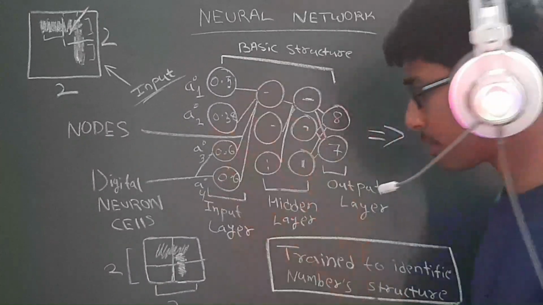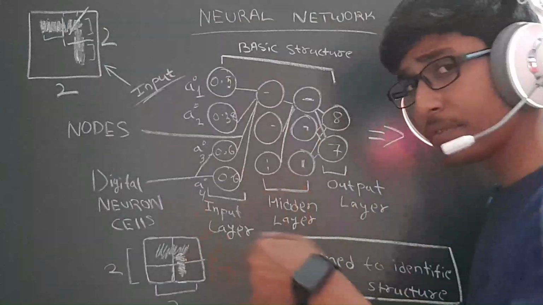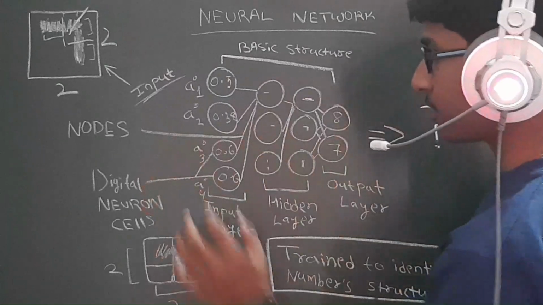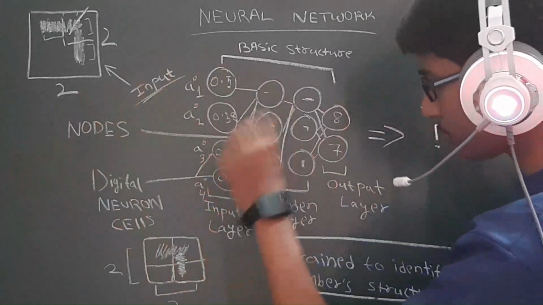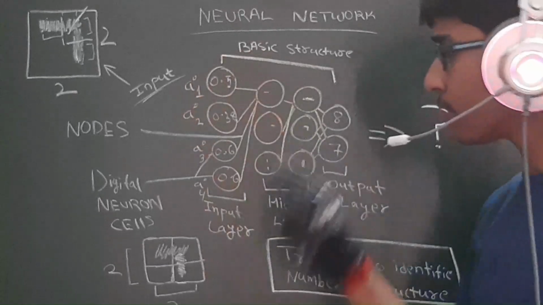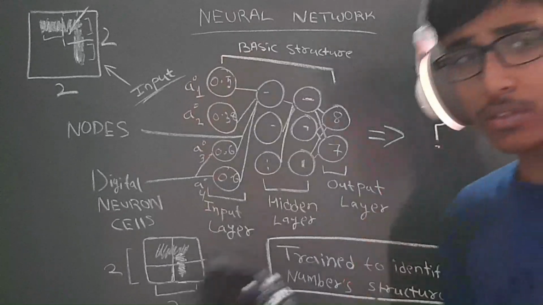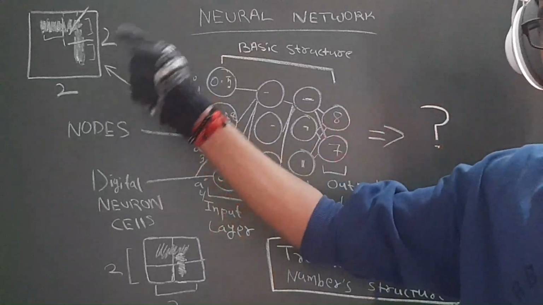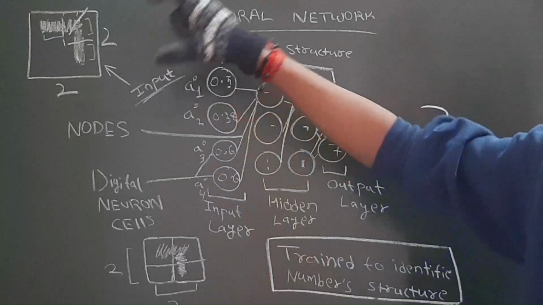Okay, so let's recap what we have come across, and then we will move towards our hidden layer. We learned that there is an input which is to be put into the input layer of the neural network. It will be divided into neuron cells on the basis of the pixels used by the input to represent itself.